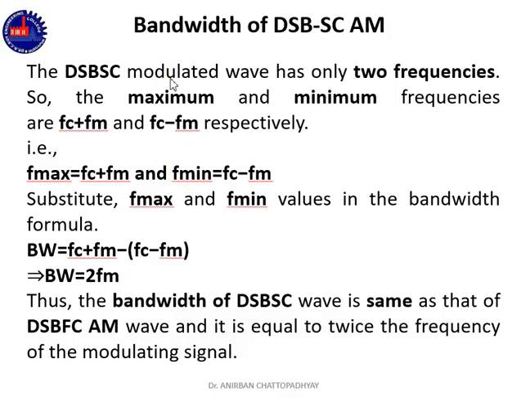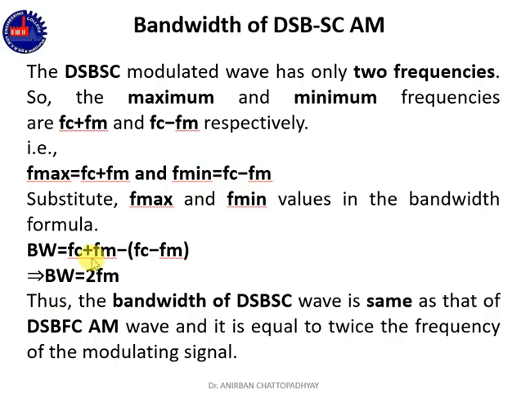Okay. Now the bandwidth. We know the bandwidth formula is nothing but the difference between F max and F min. The F max here for the DSBSC signal is Fc plus Fm, and the F minimum is Fc minus Fm.